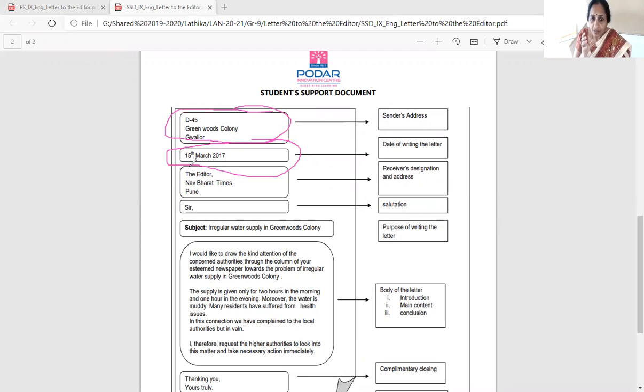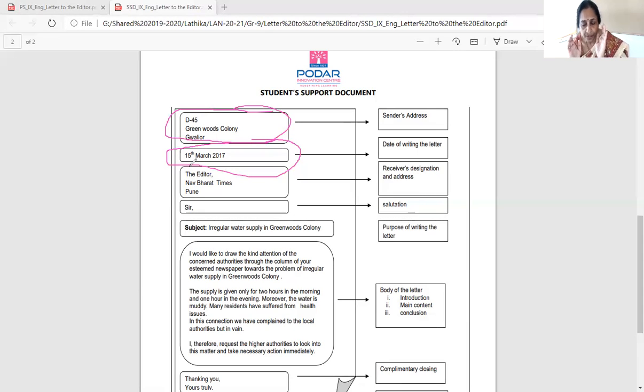Designation is the post of the person to whom you are writing. Maybe the editor. Sometimes you will be writing to the store manager, wanting to order some books, or if it is a formal letter to the principal of a school, even your leave letters will come under formal letters. So you should be careful with your language.